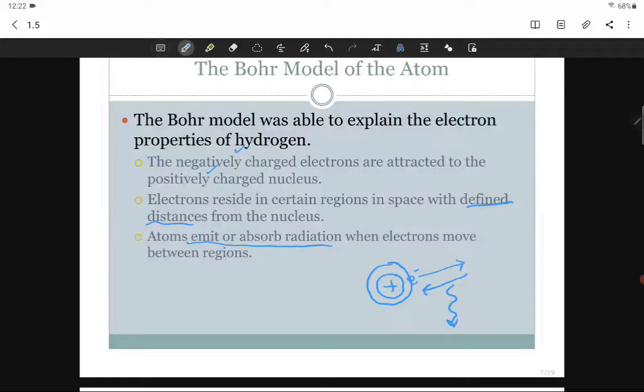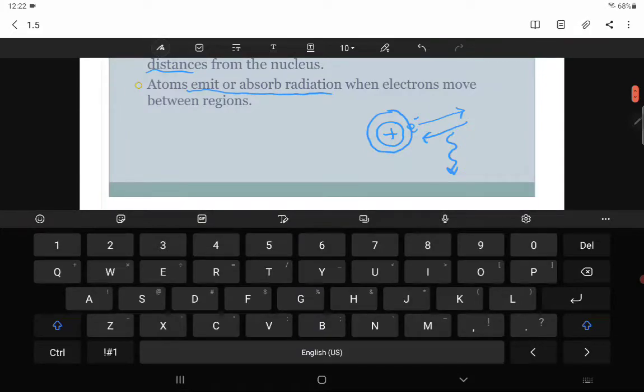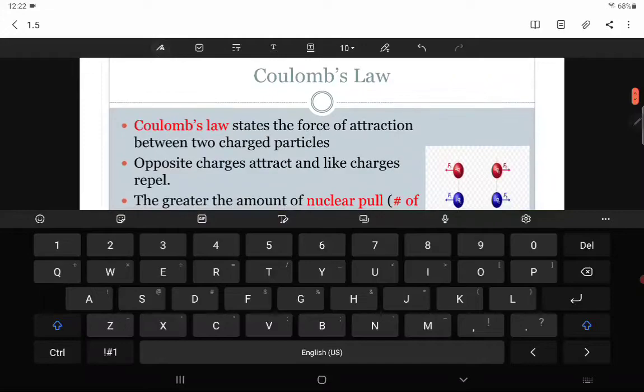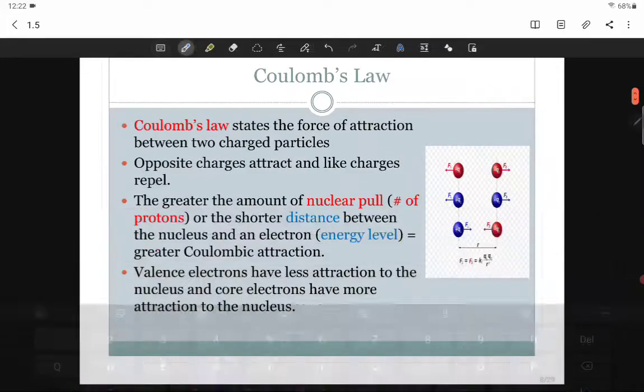And that squiggly line is like my little frequency that would show you that there's light emitted. So when it falls back down to ground state, it releases energy. To get to excited state, you have to give it energy. And we'll probably talk about that a number of times. And I didn't mention this by law, but we're going to now mention it by law.